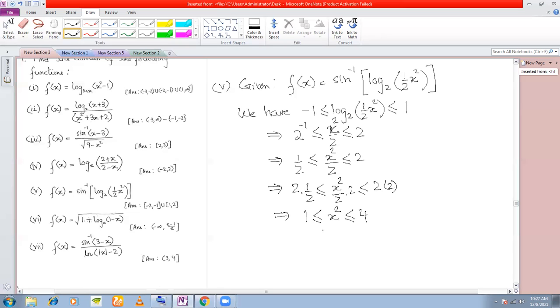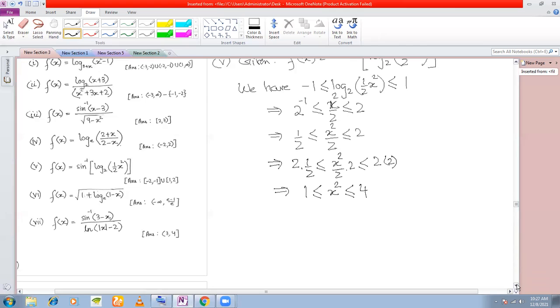So x square lies between 1 and 4, but we are interested in the value of x, right? So what we do here is we split this inequality into two.